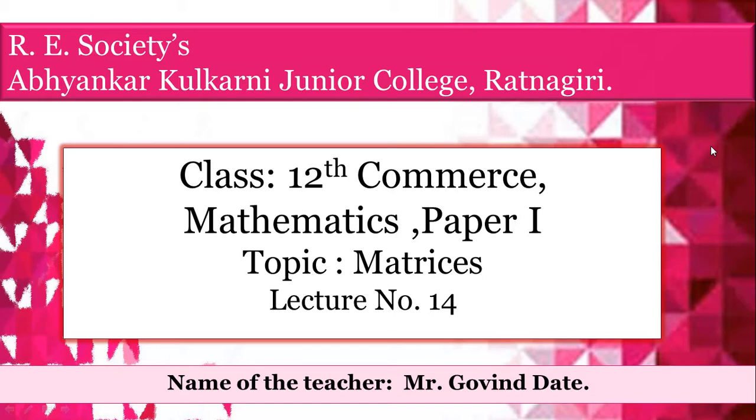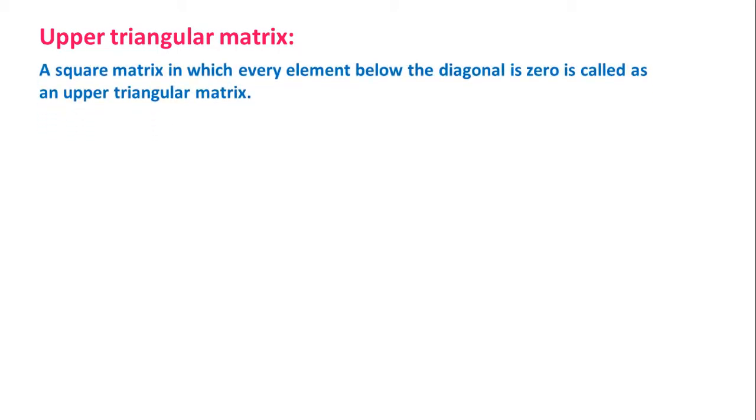So before that we will recall the types of matrices. The first type is the upper triangular matrix. Let us see the definition of upper triangular matrix.